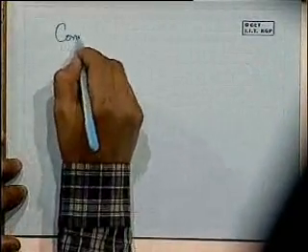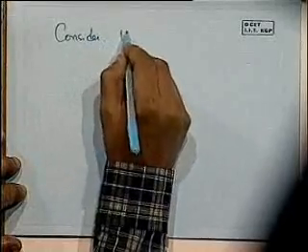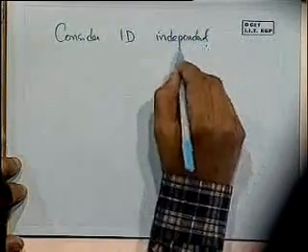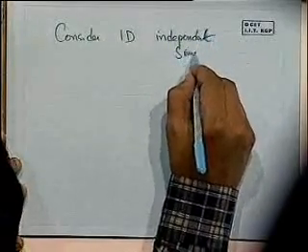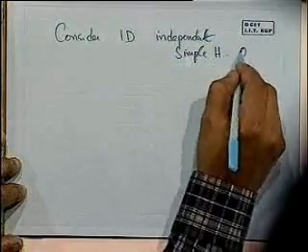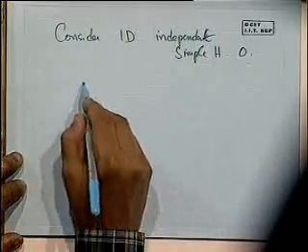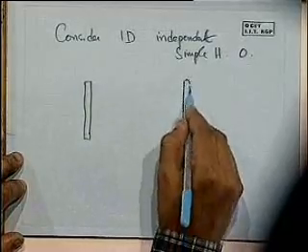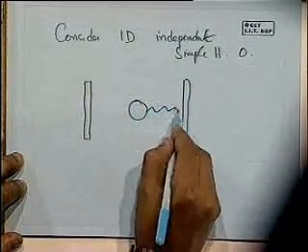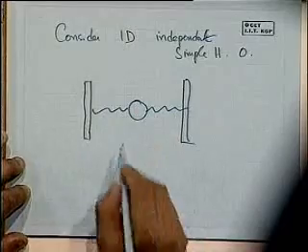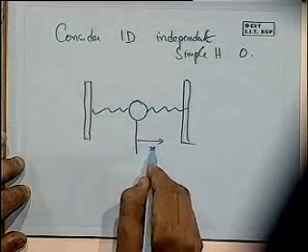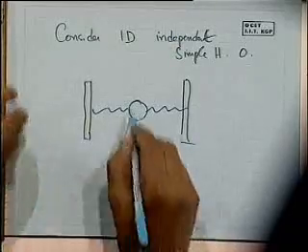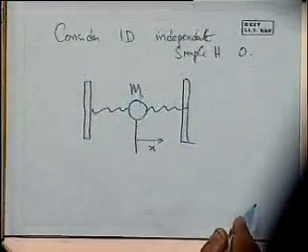Now consider a 1D system of independent simple harmonic oscillators. A different representation would give me effectively this. And I'm interested in the motion of this mass m as it's pulling against these springs as a function of x.